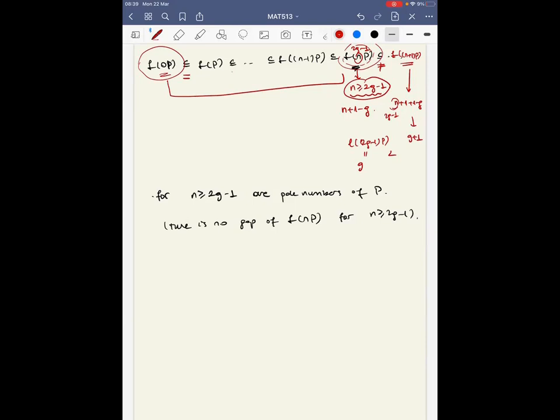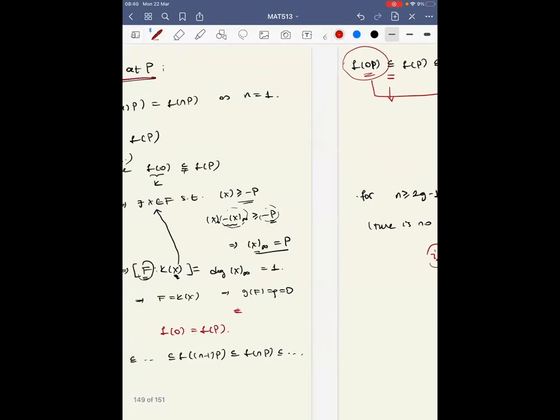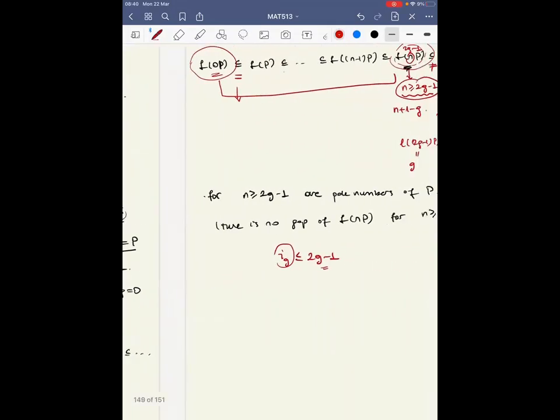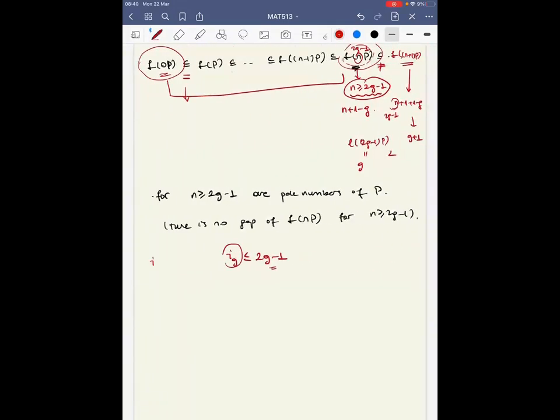And this shows us indeed the last term of the gap numbers can be at most 2g−1. And 1 is also a gap, as we have observed here, this shows us the first gap number should be 1.